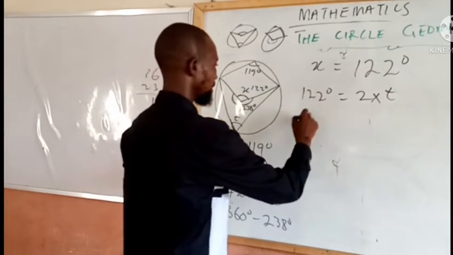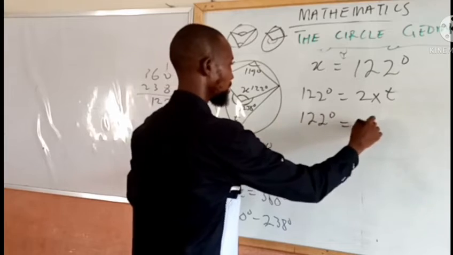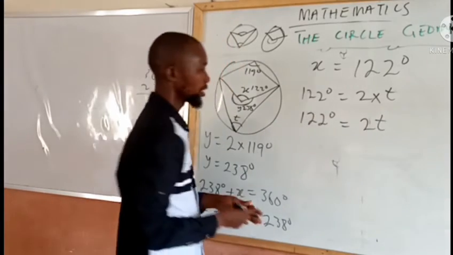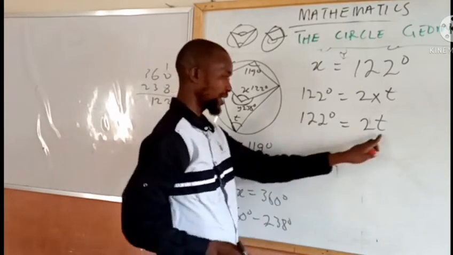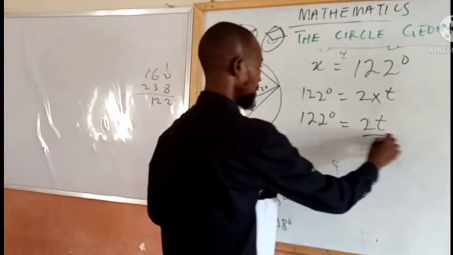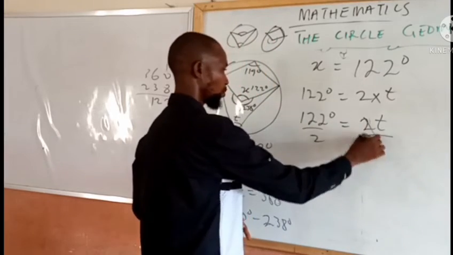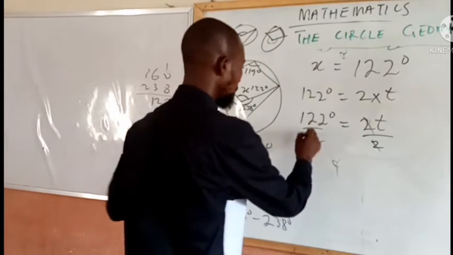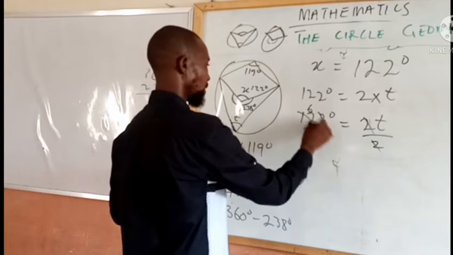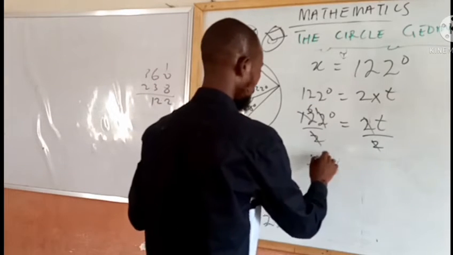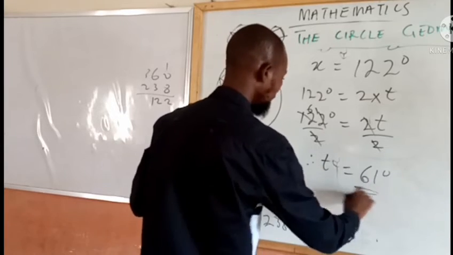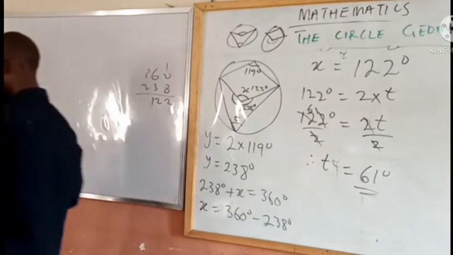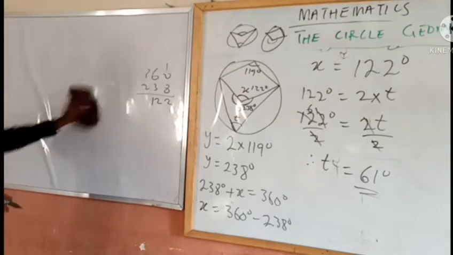So it's the same thing as writing 122 degrees is 2t. So getting that t here means both sides have to be divided by the coefficient of t. So over 2, over 2. So when this cancels this, 2 in 12 here is 6, while 2 in 2 here is 1. Therefore, t in this case is what? 61 degrees. So that is question number 5 there.